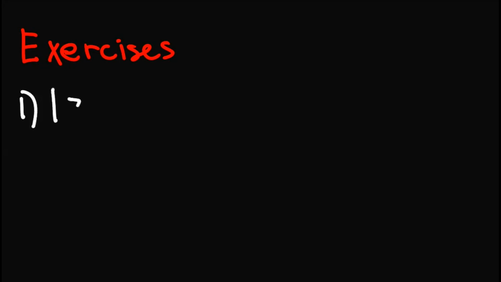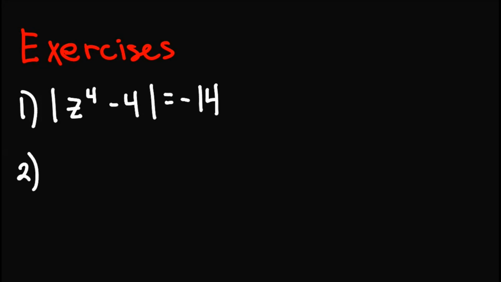But before I end this, here are 3 exercises that you can work on to solidify your knowledge in this lesson. The first exercise, we've got z raised to 4 minus 4 equals negative 14.